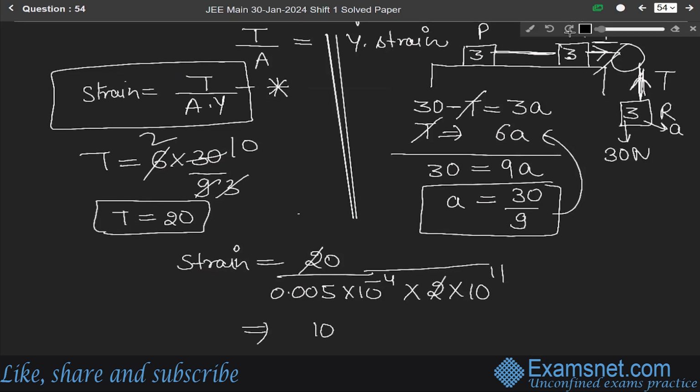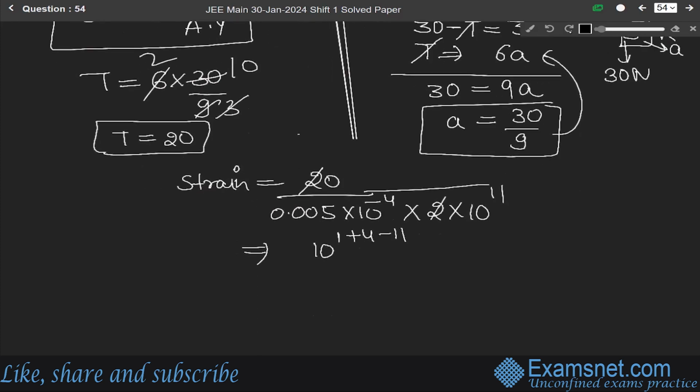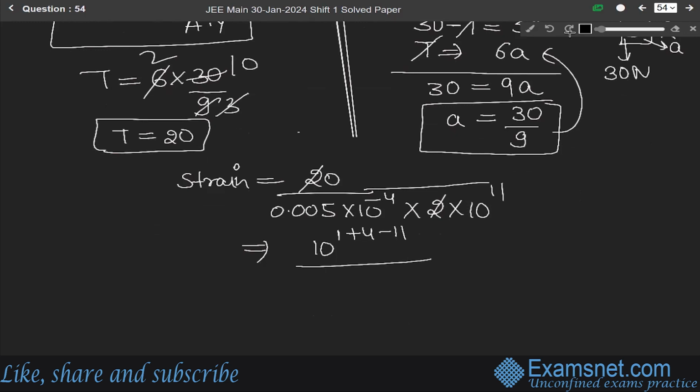So it will be 10 to the power 1 plus 4 minus 11, over 5, times 10 to the power 3. So this will become 10 to the power 8 minus 11 over 5.